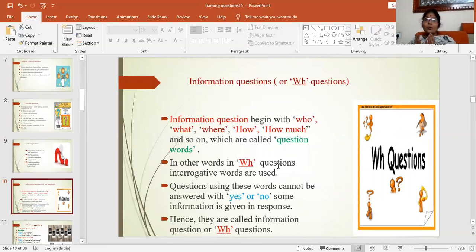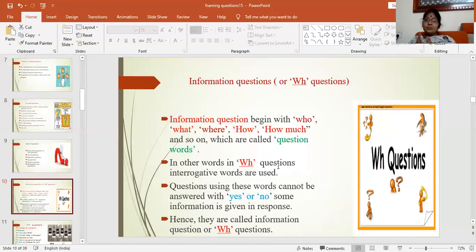And they are called question words. In other words, in WH questions, interrogative words are used, right? Words like what, where, how, interrogative words we are using.